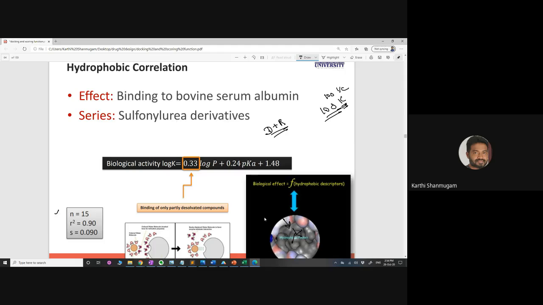Can you tell what is n? Many times we discussed n. Number of compounds. Okay, so total number of compounds is 15. What is r square? Correlation coefficient, 0.90. What is s in statistics?